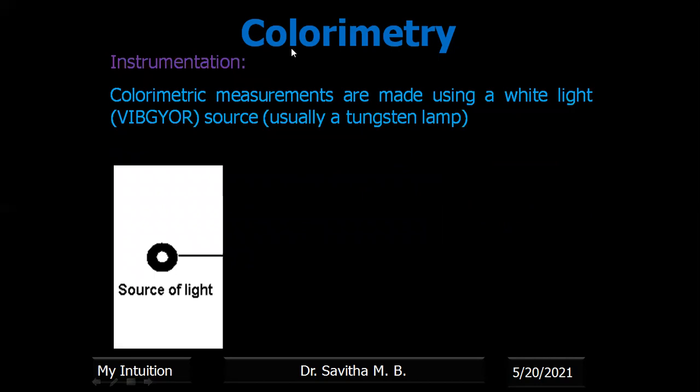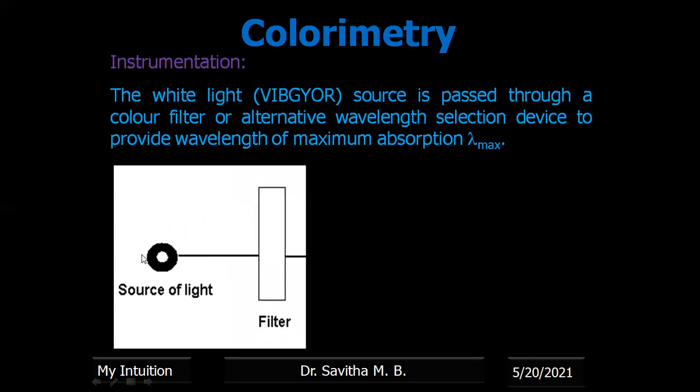Now let us discuss the instrumentation. There is a source of light, usually a tungsten lamp. Next, the light is made to pass through a filter. The filter is set such that it gives the wavelength of maximum absorption, called lambda max.